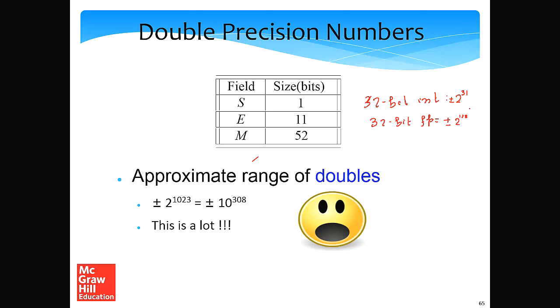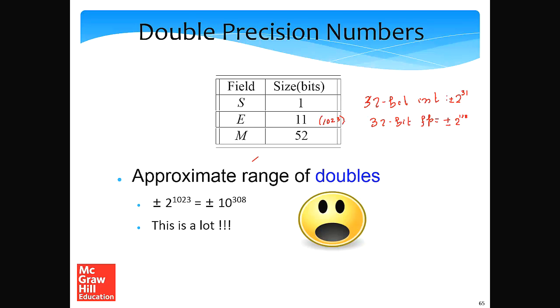Typical numbers. The approximate range of doubles is much more. A double precision number uses 64 bits and not 32 bits. So in this case, we have a 1 bit sign bit, and 11 bits for the E field, mind you, not 8 bits, but 11 bits. So the bias is also different. Instead of a bias of 127, the bias is 1023, right?